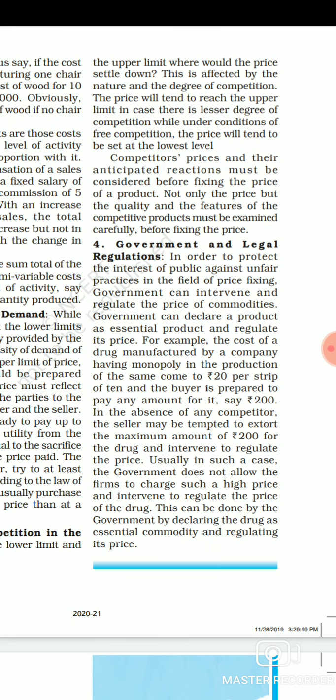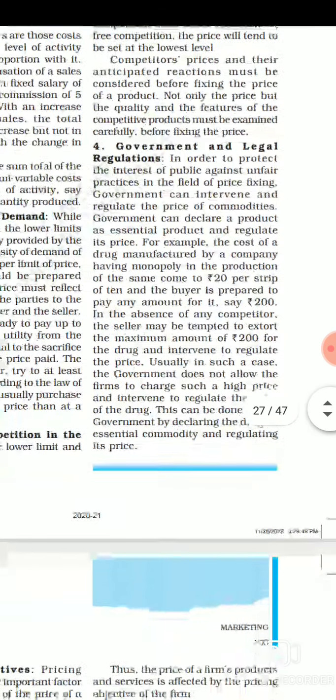In case there is a lesser degree of competition, while under the condition of free competition the price will tend to be set at the lowest level. So basically competition is something which is going to decide the pricing of a product also.